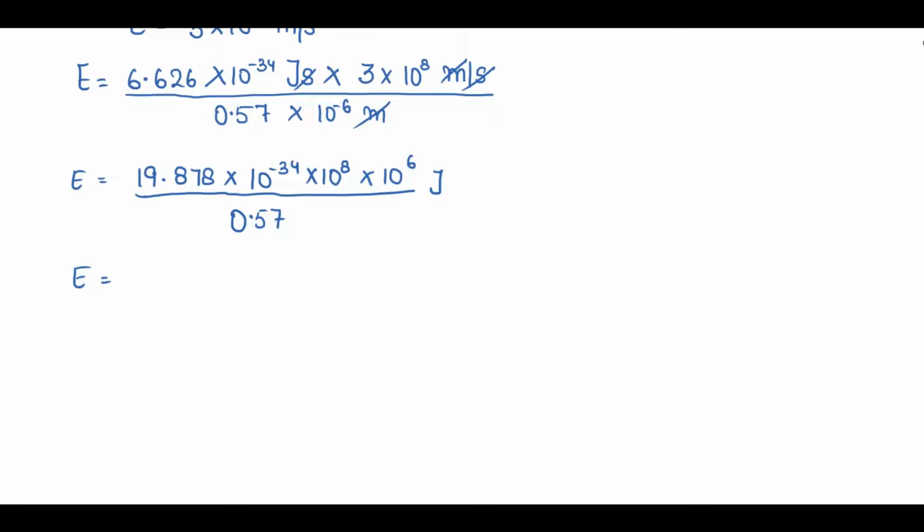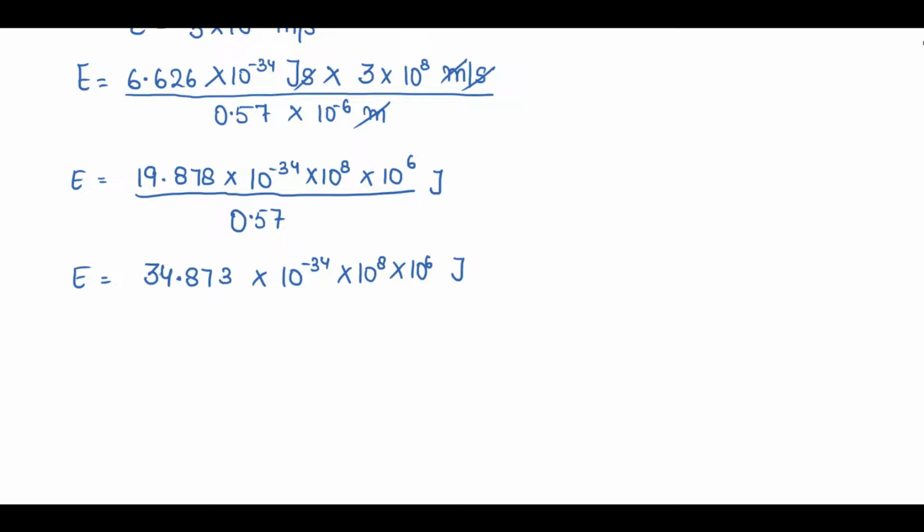So when you'll divide 19.878 with 0.57, the answer will be 34.873 into 10 raised to power minus 34 into 10 raised to power 8 into 10 raised to power 6, units joule only.